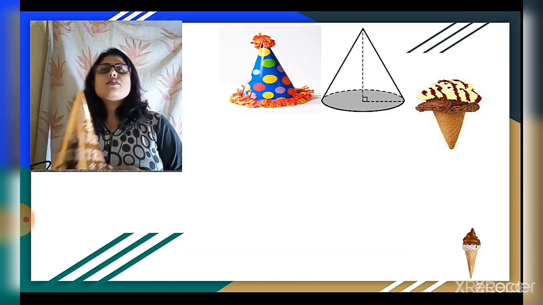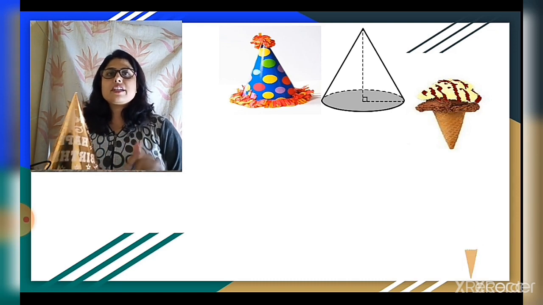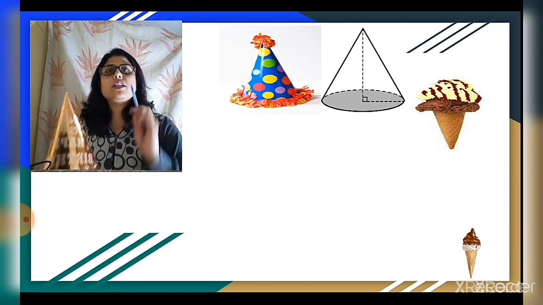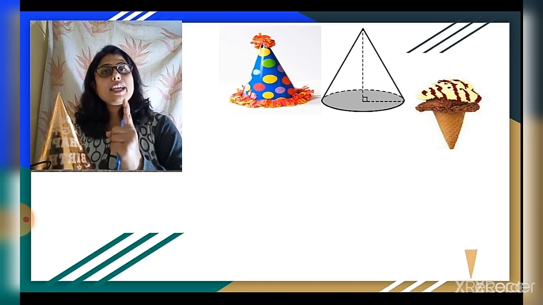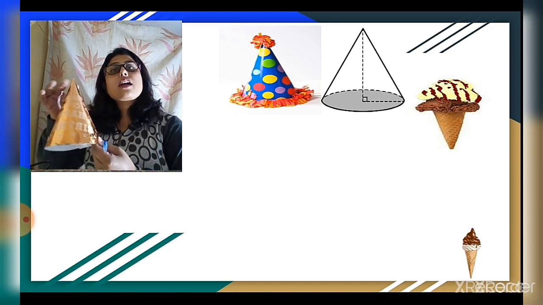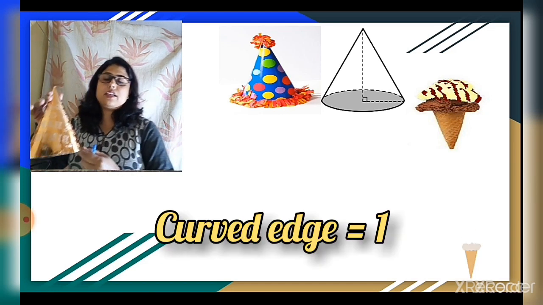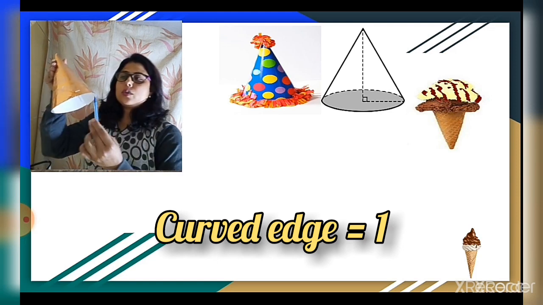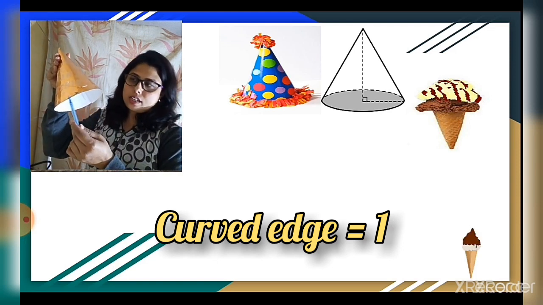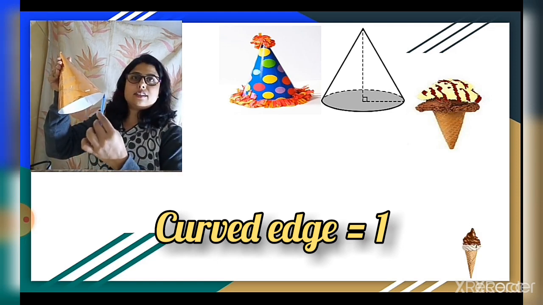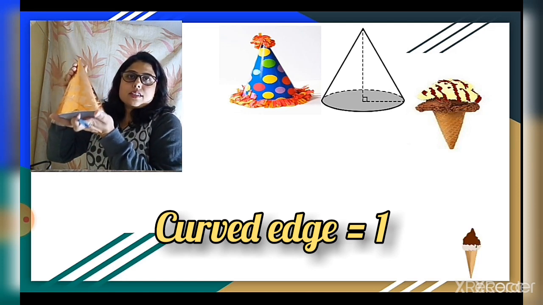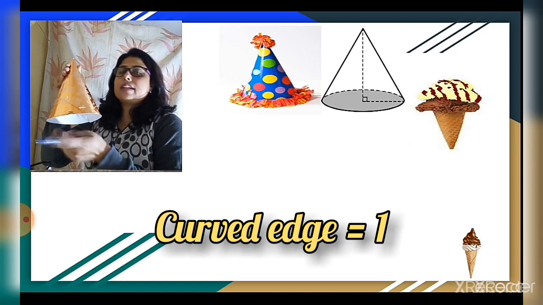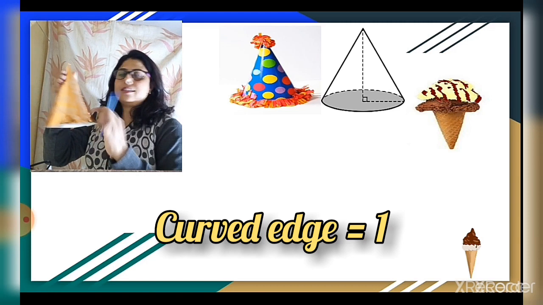At many places you can see it is written 0 edges, but no, there is one edge. Which edge? That is the curved edge. This one is a curved edge, because this is circular, a flat face, and this is a curved face.